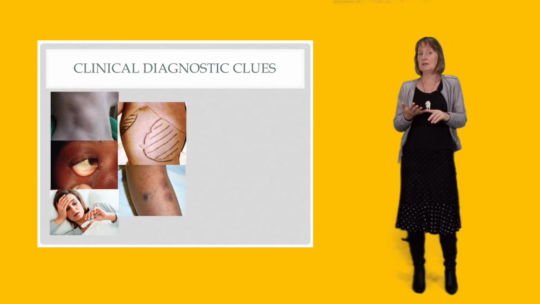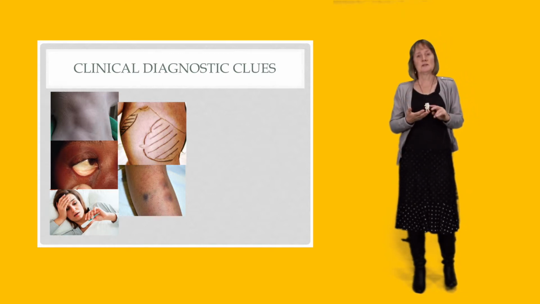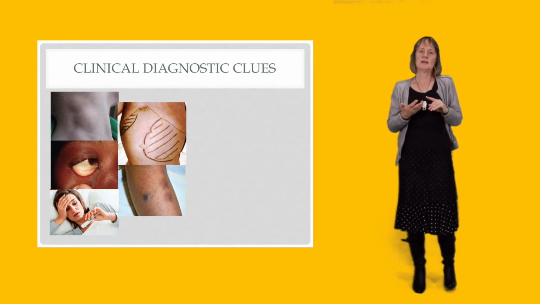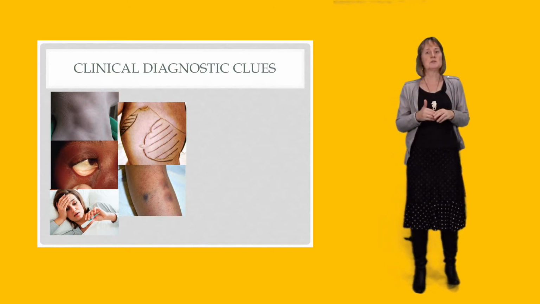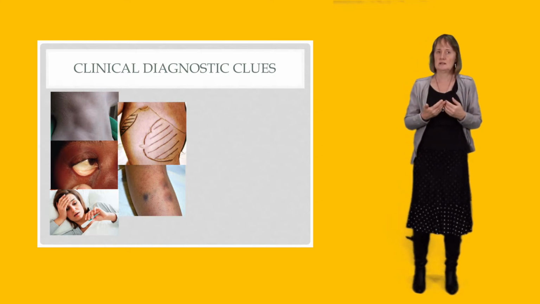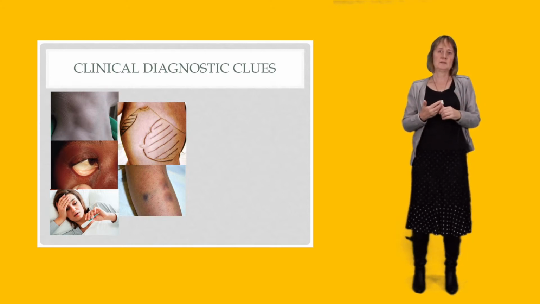So if they're anemic, they may be pale. If they've got low platelets, they may be showing signs of platelet-type bleeding, so bruising, petechiae. And if they have low neutrophils, they may be suffering repeated or severe infections, particularly bacterial infections.